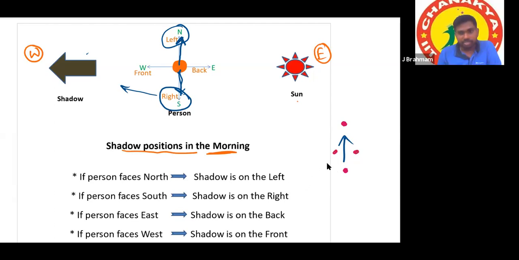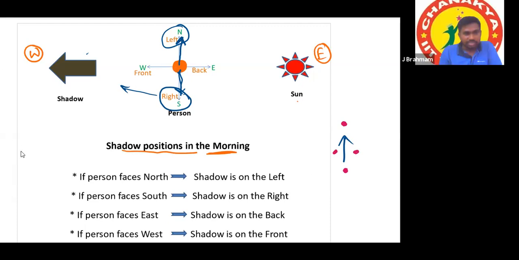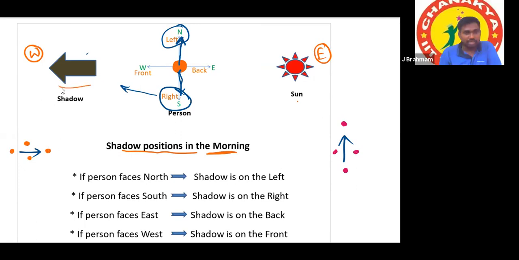If the dot is here, left. Suppose for this arrow, if the dot is here, left. Here, back. Here, front. Here, right. So simply consider this dot as the shadow. In our case, this dot is the shadow.